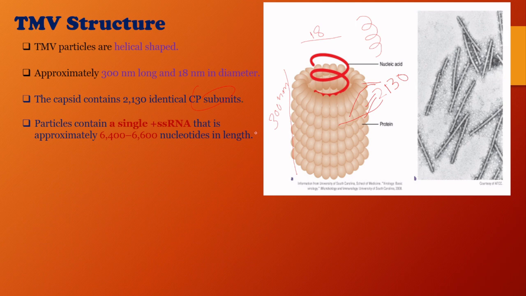This virus contains a single molecule of positive-sense single-stranded RNA. This red structure is the positive single-stranded RNA, and its length is 6400 to 6600 nucleotides. The protein to RNA ratio of this virus is 95 to 5%, meaning this virus has 95% protein and only 5% RNA.